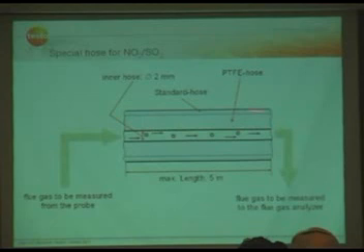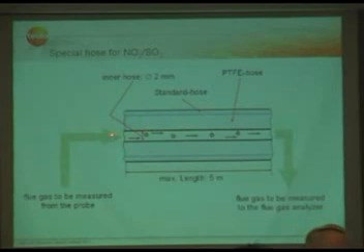Basically what we did is we developed a special PTFE hose, which is similar to Teflon, and we patented this hose. The feature of this hose is, because we have a very small inner diameter of 2 millimeters, we get a very high flow velocity within the sampling hose.